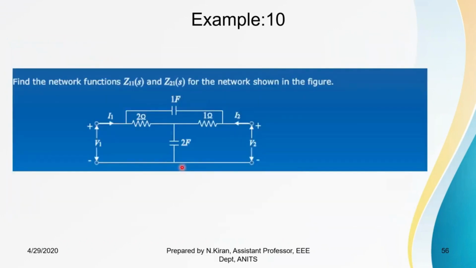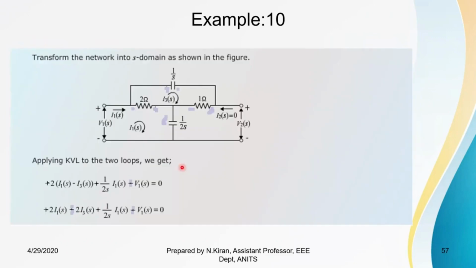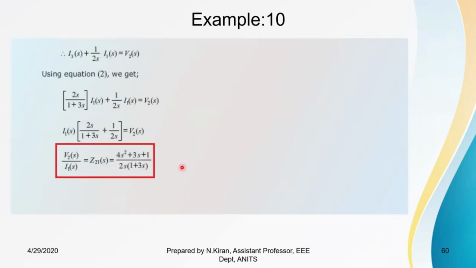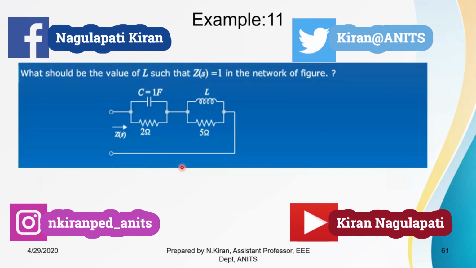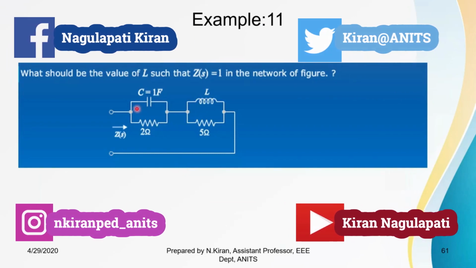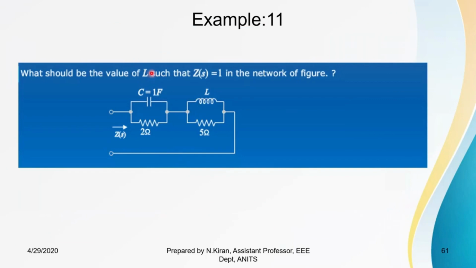The last sum in this concept: they asked us to find the value of the inductor L, and the condition given is that Z of s is equal to 1.